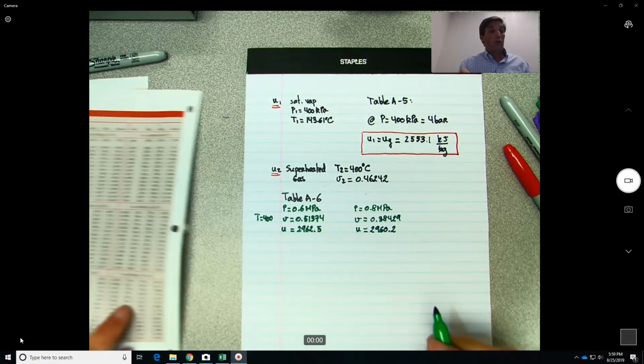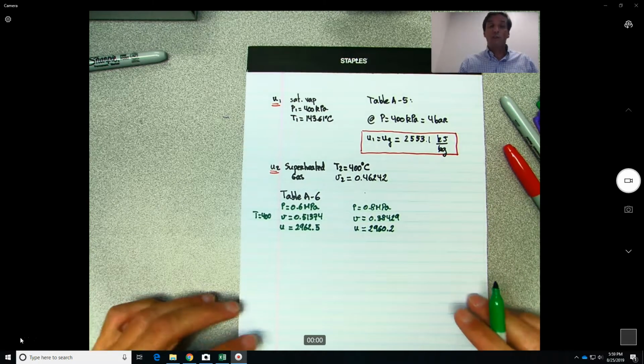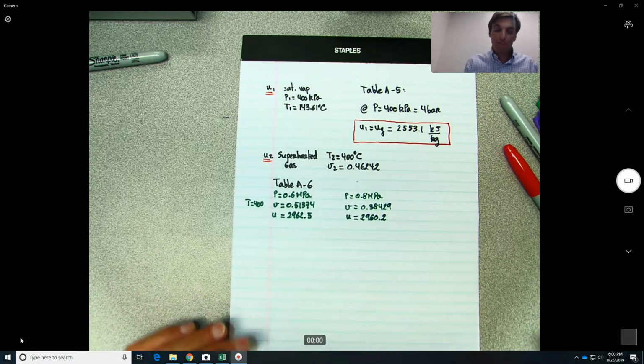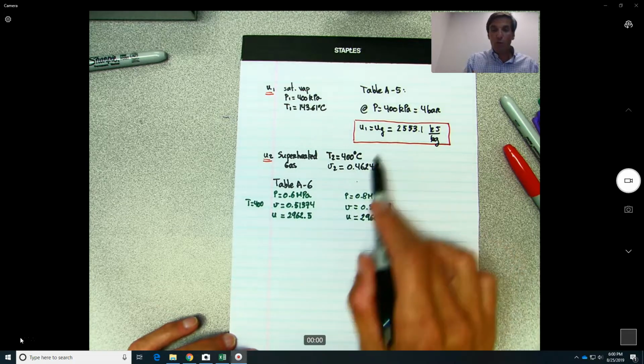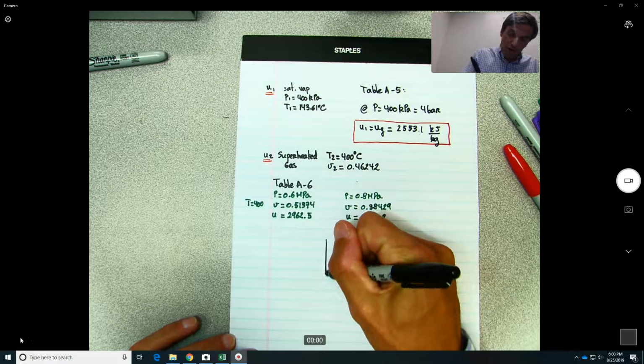Okay, so what we need to do now is interpolate. I have a special video just for interpolation, but here I'm just going to try to redo it very quick. So basically we need to find what would be the U value for V equal to 0.46242.